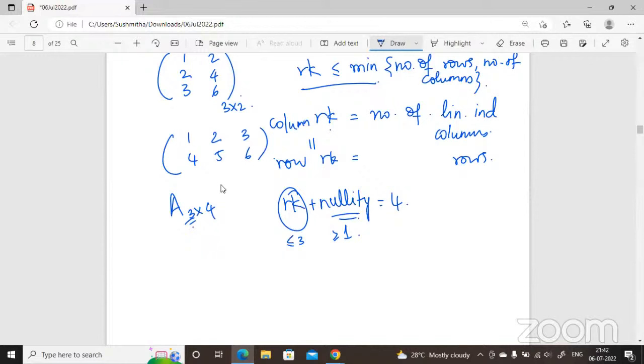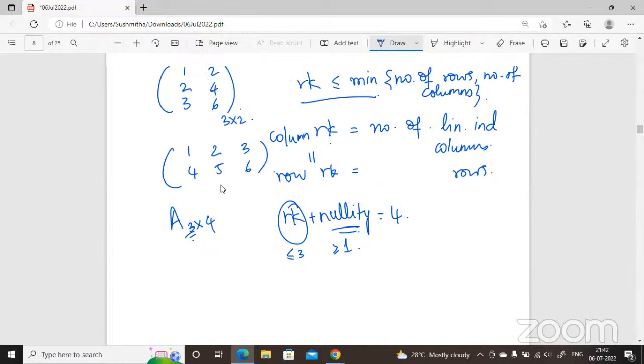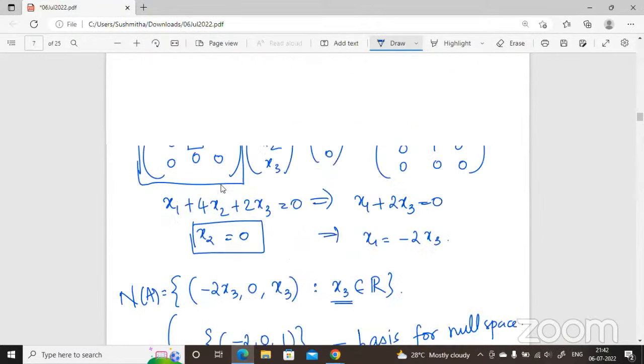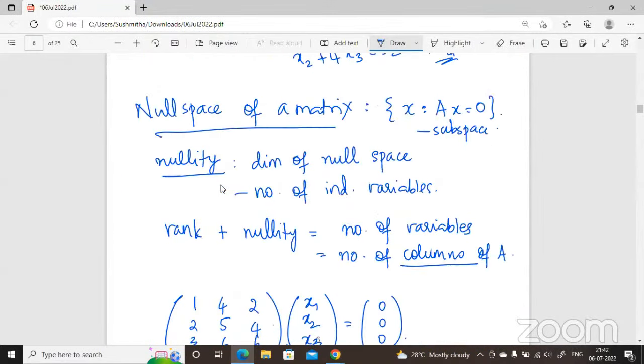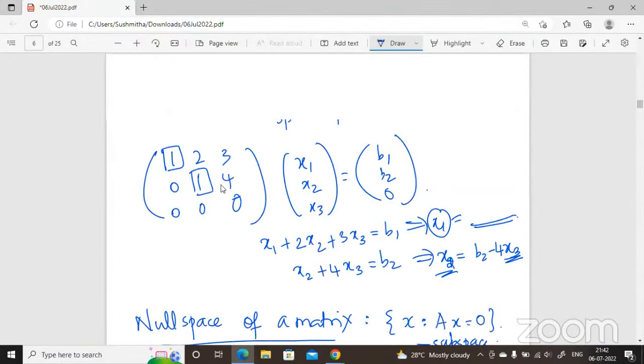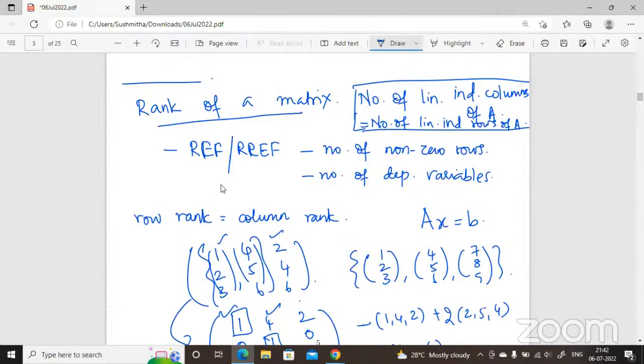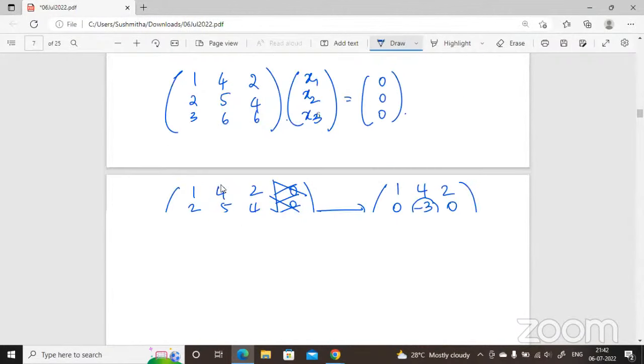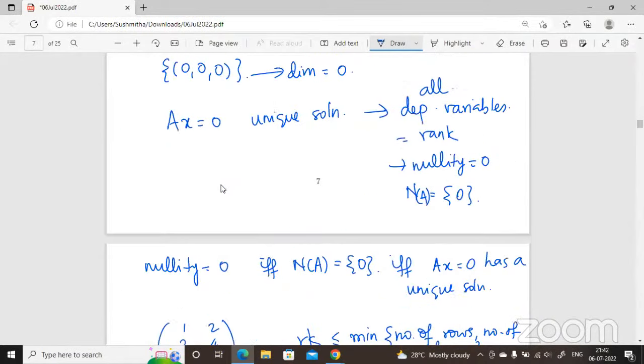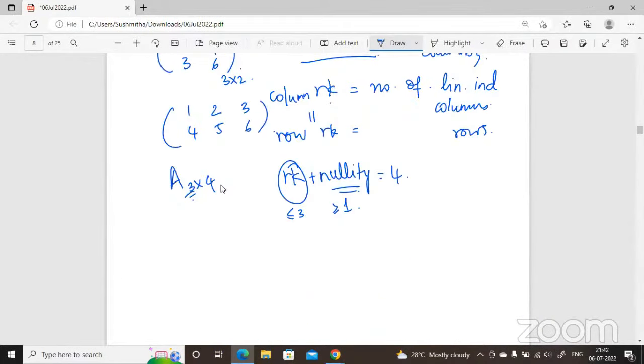See, what is rank? By the definition I gave, I understood, ma'am. Thank you. The number of linearly independent rows or the number of linearly independent columns. You have only 3 rows, so you cannot have more linearly independent rows. We cannot get more pivot elements. So even without knowing the matrix, we know that there is a non-zero vector in the null space.